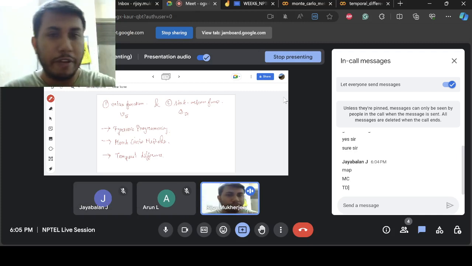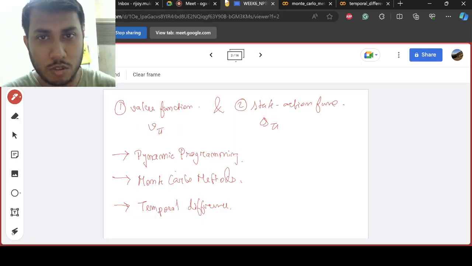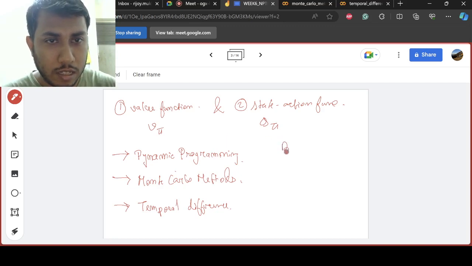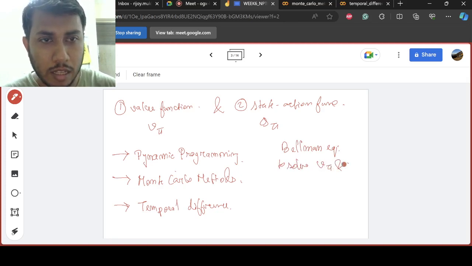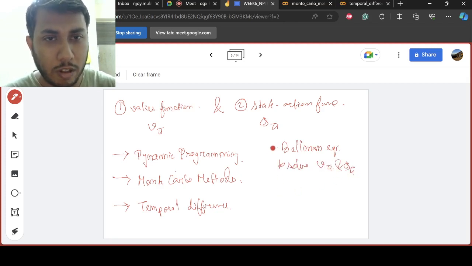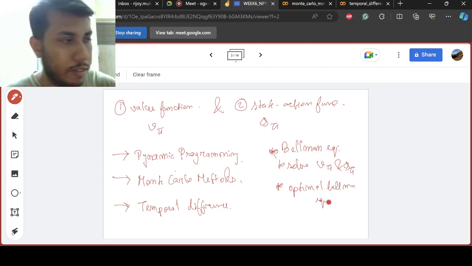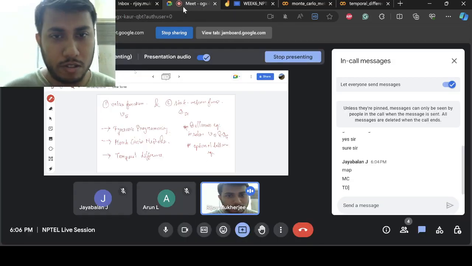We were given a few Bellman equations to solve V pi and Q pi, and we also came across something called the optimal Bellman equation.